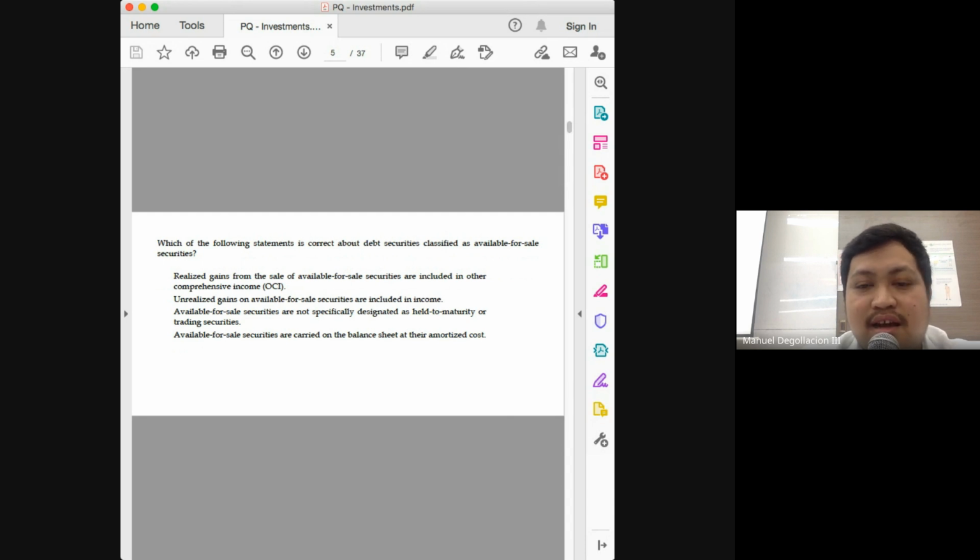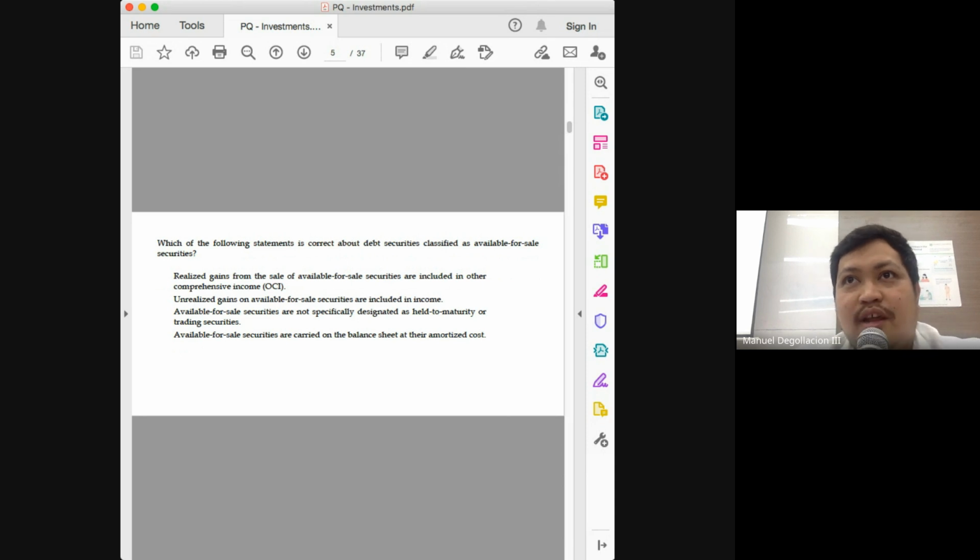What does this tell us? The available for sale securities is a residual classification. If you intend to hold it for trading purposes, classify it as trading securities. If you intend to hold it up to maturity, then it will be classified as held to maturity. But if we're talking about held to maturity, class, this would only apply to what kind of securities?